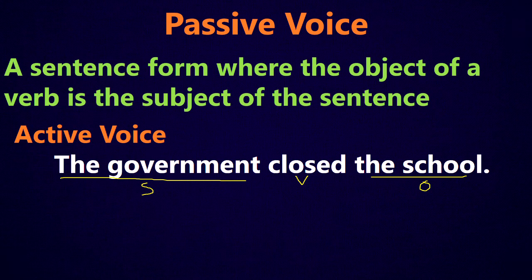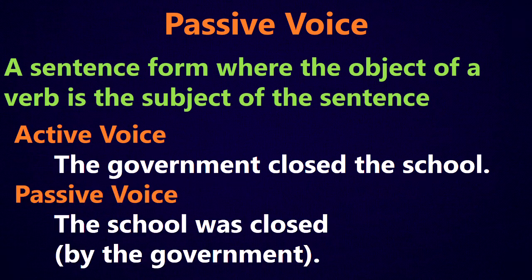What the passive voice does is it changes it so that the object of the action comes first in the sentence. So the school was closed. Again, closed is my verb, but I've added something. I've added this was. And then the school, which was the object, gets moved to the subject place.